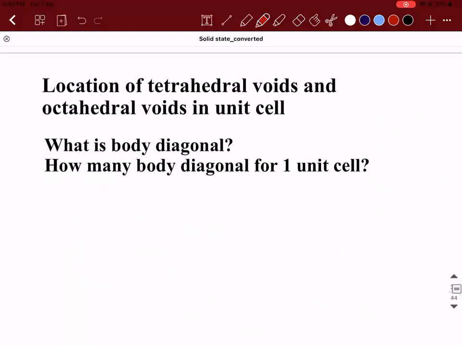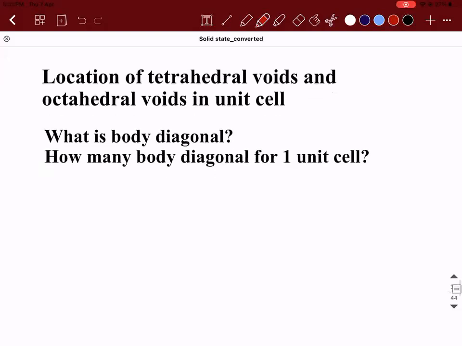Now, location of tetrahedral voids and octahedral voids in a unit cell. Before getting into a unit cell, I want to know, have you heard about the word body diagonal? Anywhere, at any place. Okay, take this room.